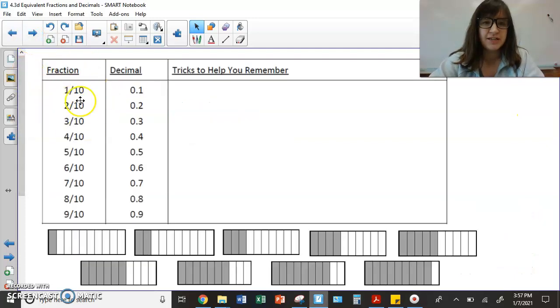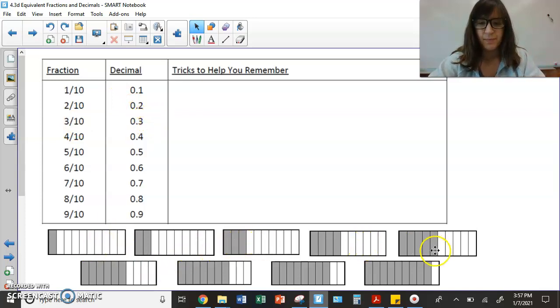When we're talking about tenths, you say the fraction and the decimal the exact same way. So 1/10 is read as a fraction here. It's also read as a decimal here as 1/10. So you say 1/10, 2/10, 3/10. You get the picture.